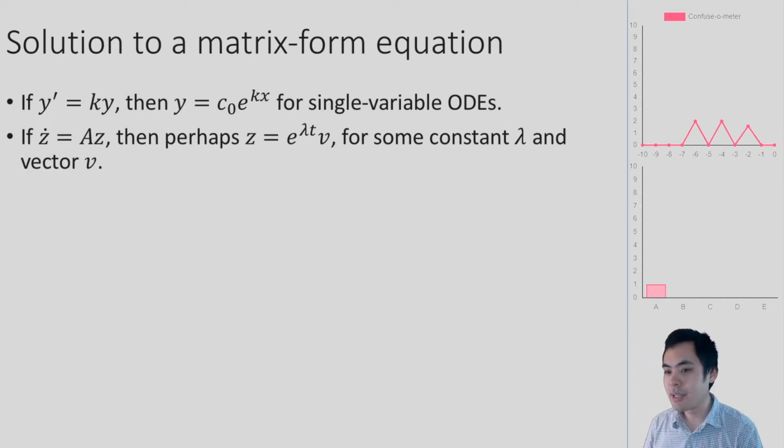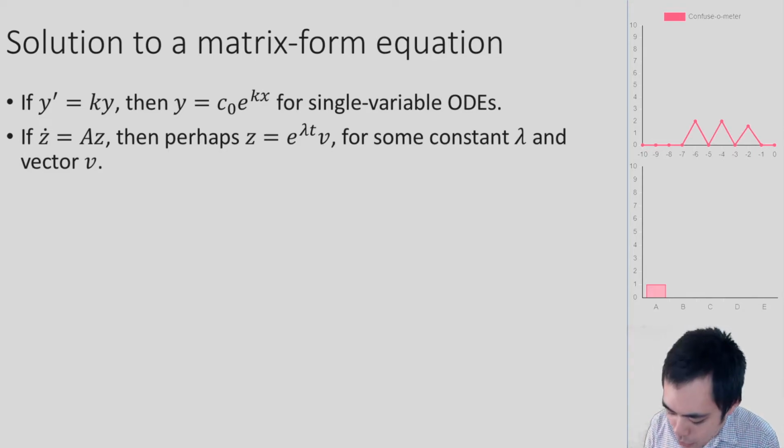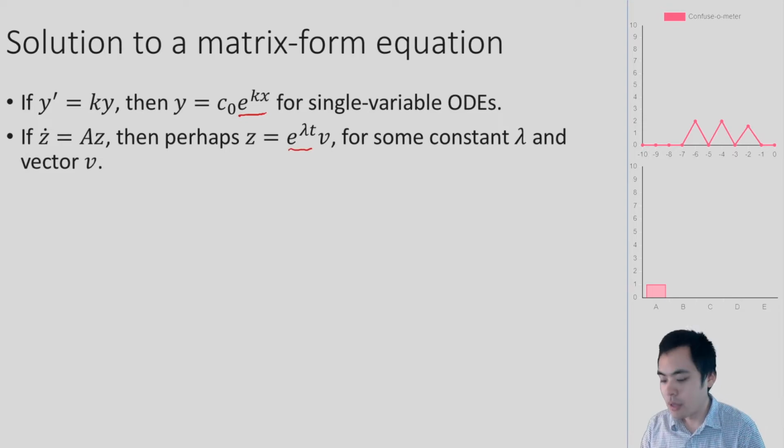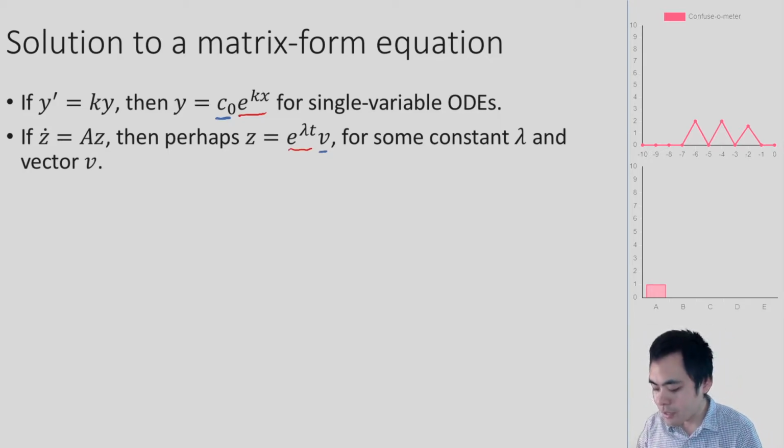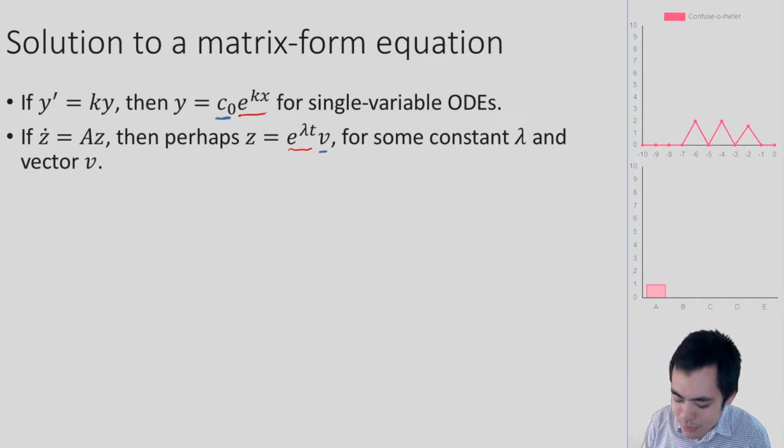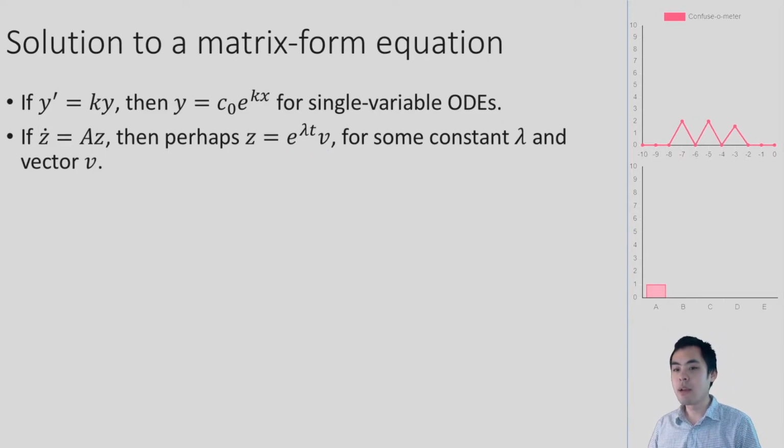This is our guess, and we're guessing it because for single variable ODEs, we have this e to the kx. So let's call it e to the lambda t here, and we're going to guess that instead of just a constant, we're going to have some vector. That's not quite true, but basically the idea is we're guessing that this is some form of a solution for some constant lambda and for some vector v.